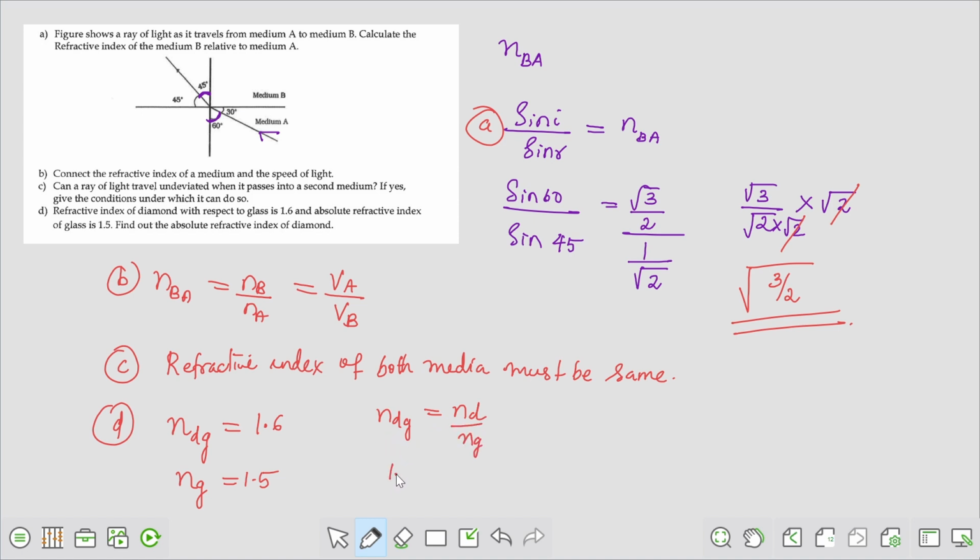NDG is given, that is 1.6. ND we have to find. NG is also given, that is 1.5. So ND is equal to 1.6 into 1.5. When you multiply these two, you will get 2.4. So that is the refractive index of diamond.